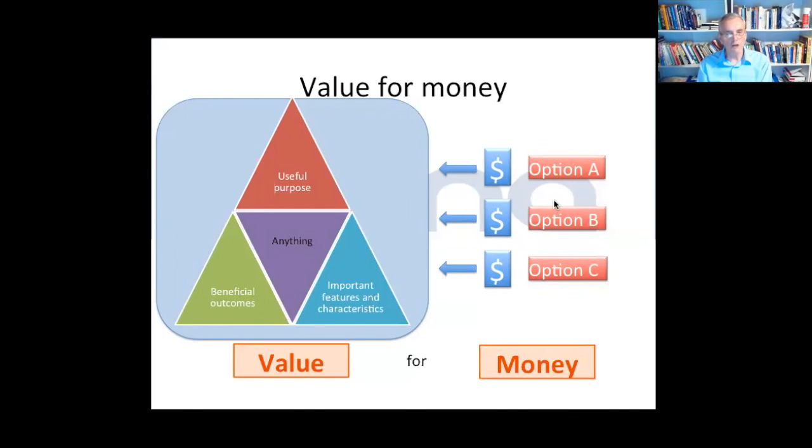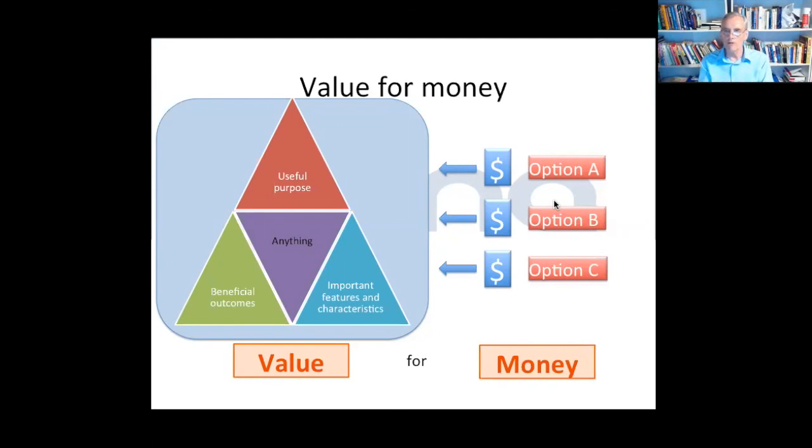So we can see we've got a number of options. There are always options. We'll get into this in more detail in the next presentation. But as for now, we can see that on the one hand, we've got our value defined. And then on the other side of the picture, we can start to develop options. How do we deliver this particular entity that delivers this purpose, these benefits and these important features and characteristics?